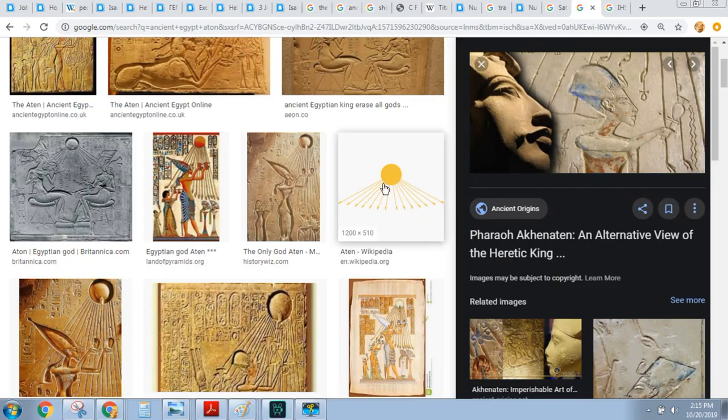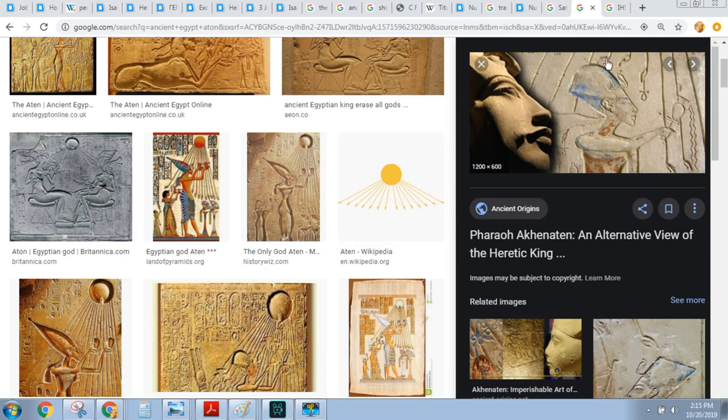So this is Aton, and this is Akhenaton. He looks like Obama, and that was on purpose. And Aton is the hand Aton.